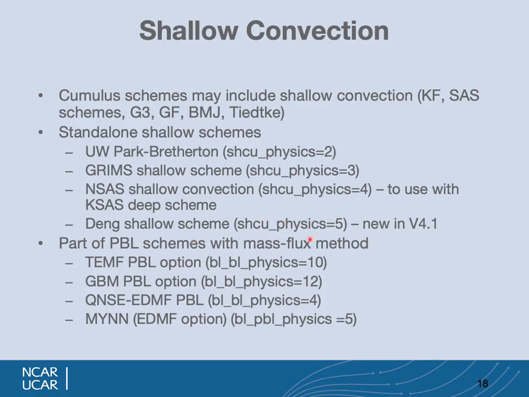There's also the Deng shallow scheme, which is part of the WRF solar physics development. Grenier's shallow scheme is developed with the YSU PBL scheme. The other way of running the shallow scheme is as part of the PBL scheme with mass flux methods, and often when they add the EDMF approach, they also include the shallow clouds with that. So we have these listed here, including the MYNN EDMF option within that scheme.